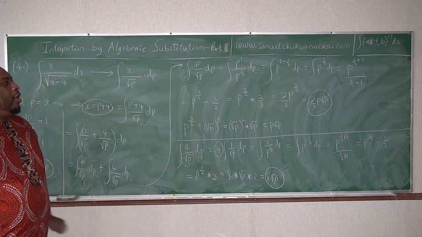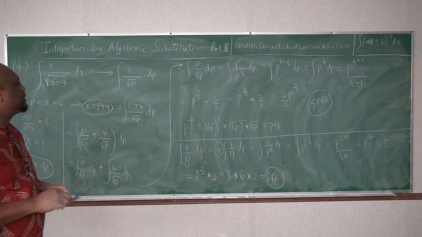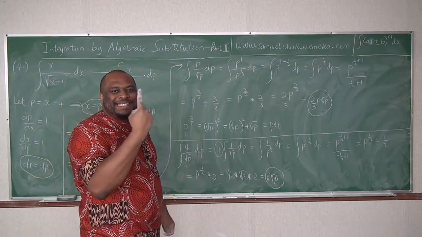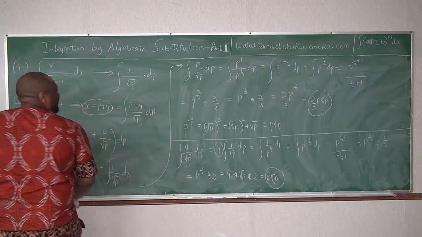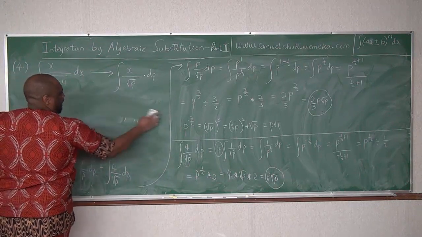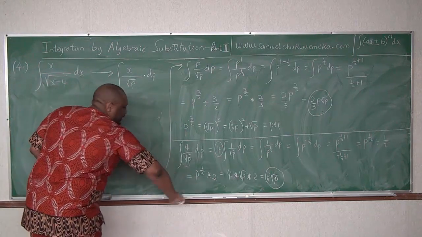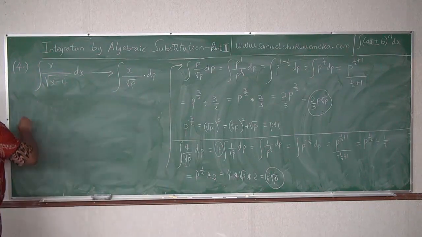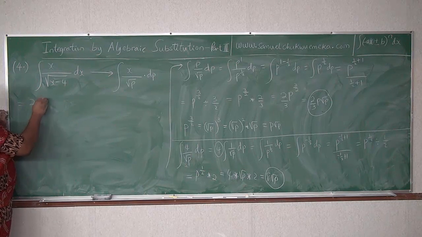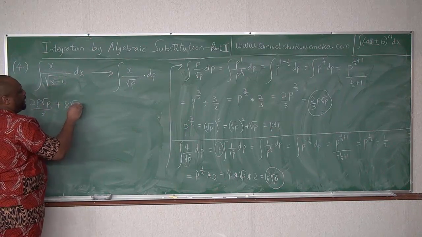Now let's join everything together and simplify to the simplest form. This will be equal to 2p root p over 3 plus 8 root p plus c.